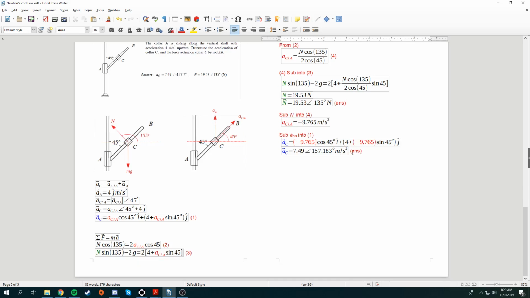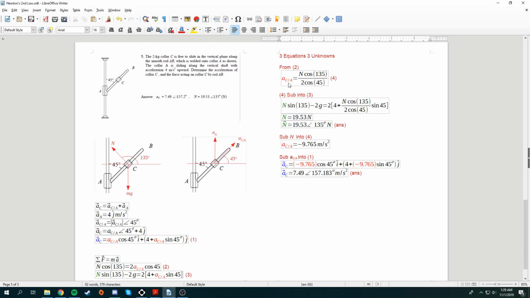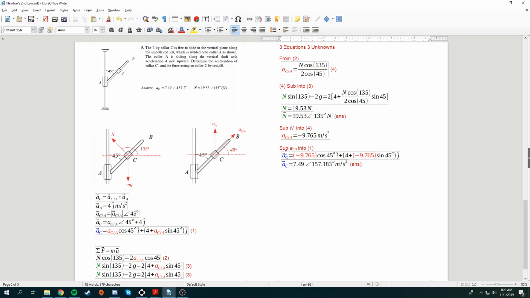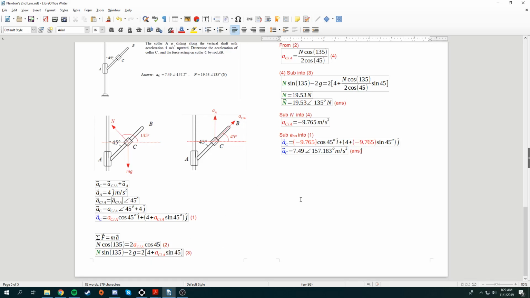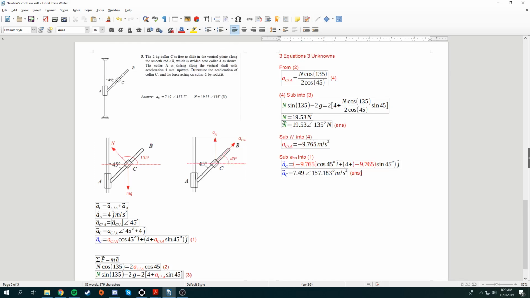So from equation 2, we will manipulate such that we will express acceleration of C from A as a term, and then we will sub this into equation 3 over here, because that's acceleration of C from A. So once we put this in, we can easily find the value of the normal force, and that's 19.53 newtons, and we know that it is in the 135 degree direction.